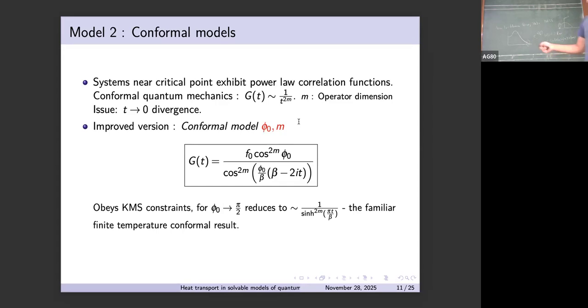If you set this parameter phi naught to pi by 2, it reduces to the familiar sinh(pi t by beta), which is the finite temperature two-point function in conformal field theory, so conformal quantum mechanics also. Anyway, this is the model that I'm writing now.